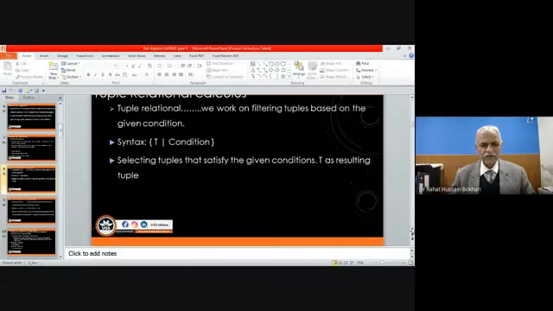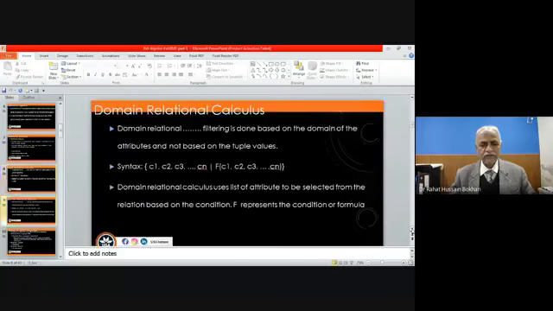Furthermore, we may deal with columns also. That is called domain relational calculus. Filtering is done based on the domain of the attributes. And what do we mean by the domain of the attributes? Every attribute has its own value space.